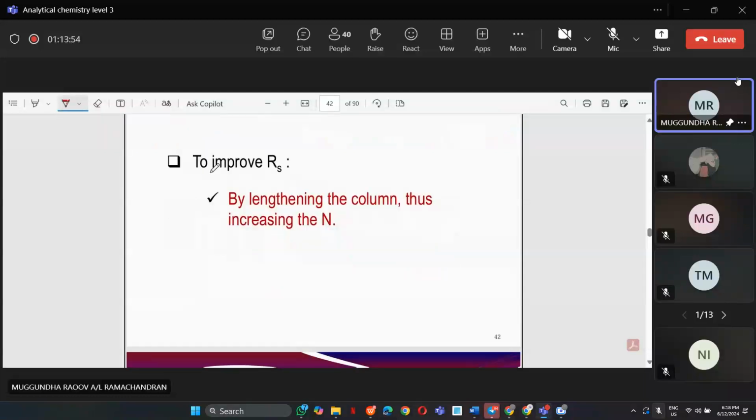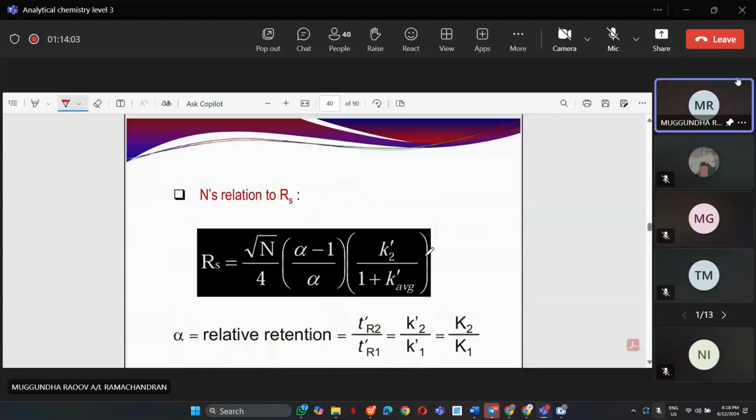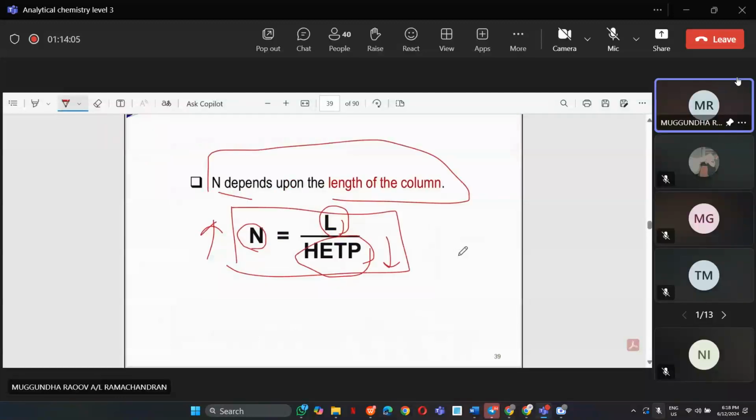To improve the resolution, we can increase the length of the column and increase the N value. To make it simple, the theoretical plate number N should be higher, and according to this formula, if we want N to be higher, the length should be higher as well.